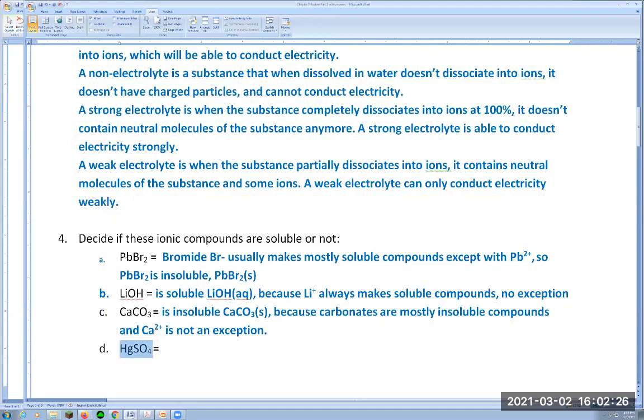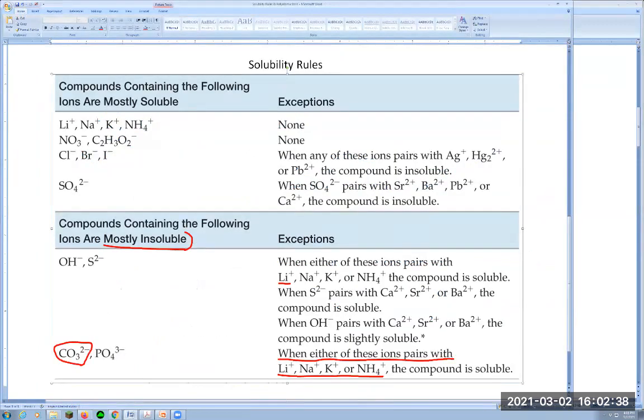HgSO4. Hopefully you recognize the sulfate. Hg is mercury. So let's look at the table and see if we can find mercury or the sulfate.